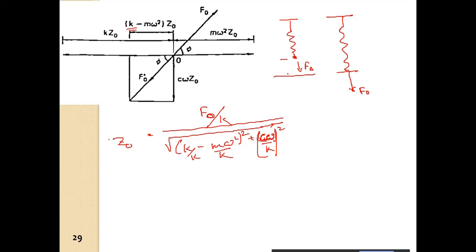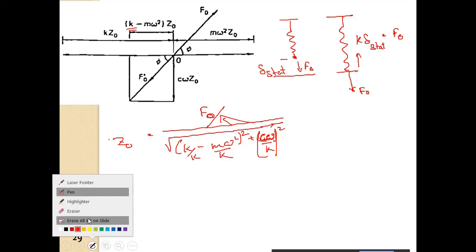So this is delta static. K into delta static is equal to F naught. So we have F naught by K is equal to delta static, and we can write it like this now.